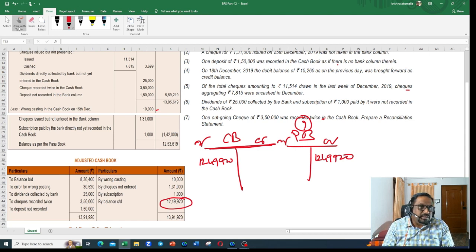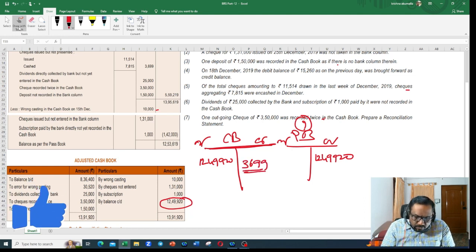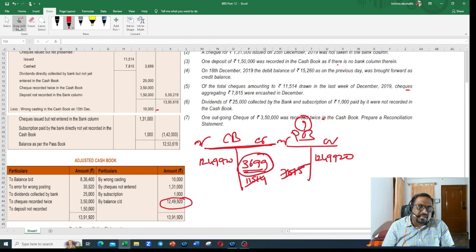So 3,619 worth of checks we issued, but they are not presented. How do you get to know 3,619? 11,514 we have issued, out of which 7,815 were already presented. If you see here, net, you have a balance of 3,619 not presented.